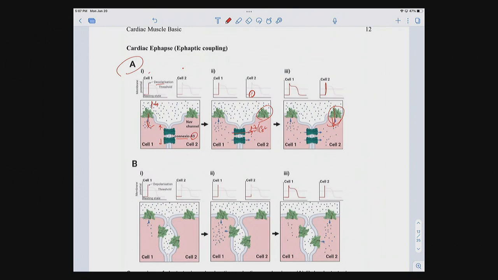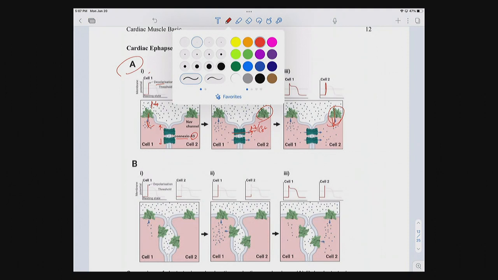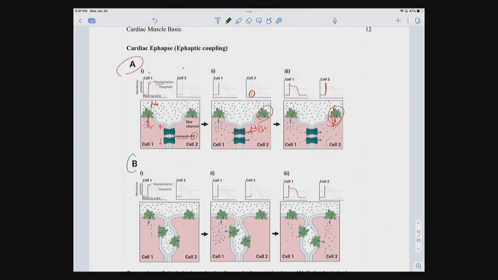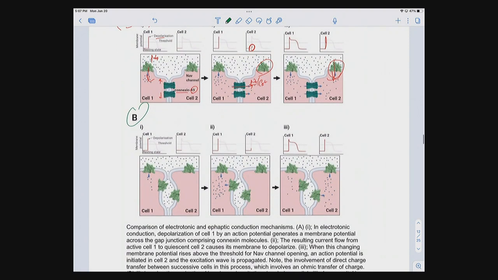So what they're finding out now, though, in a B type of scenario, is another scenario here. So this right here is going to be the perinexus. That space right there is the perinexus.